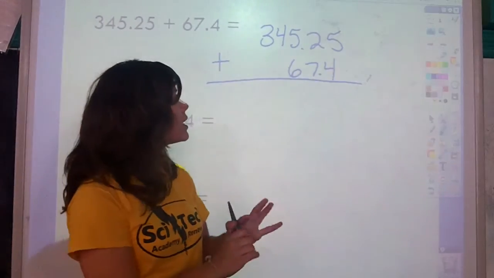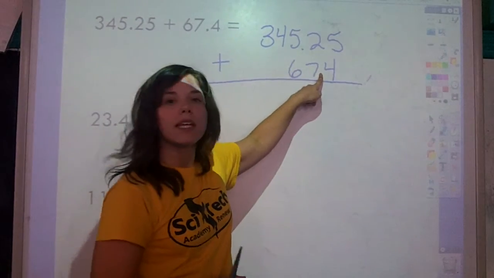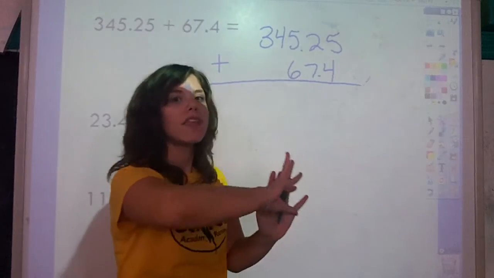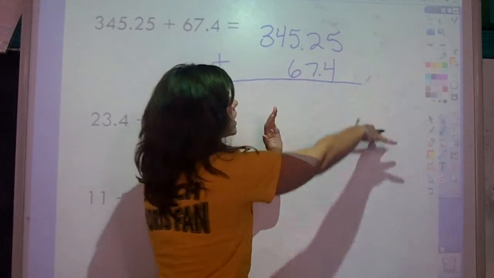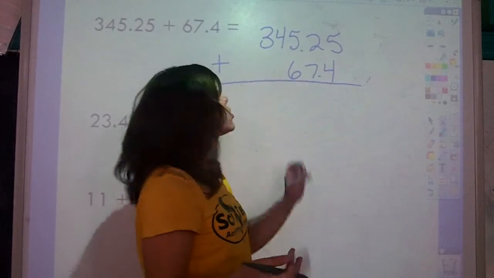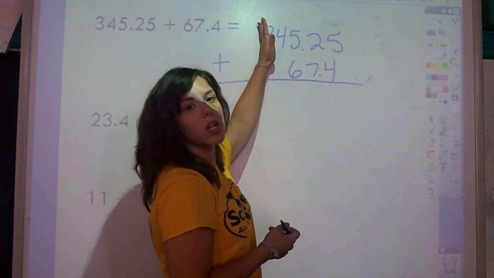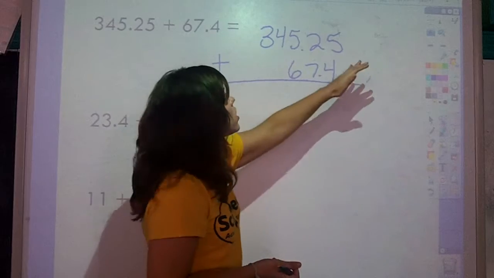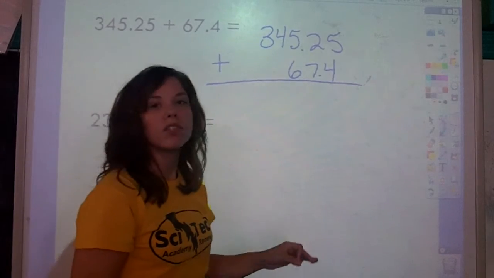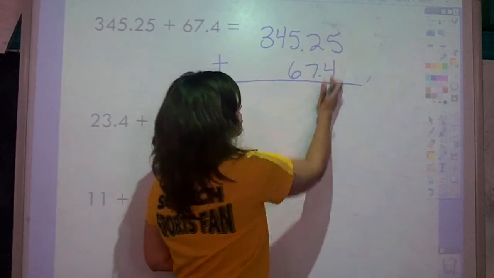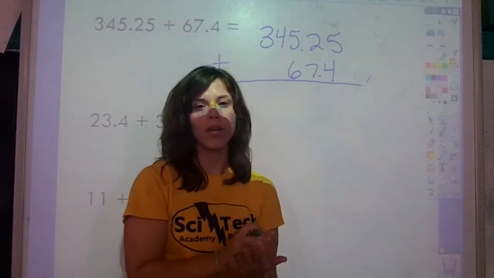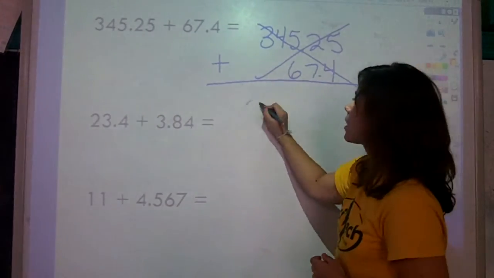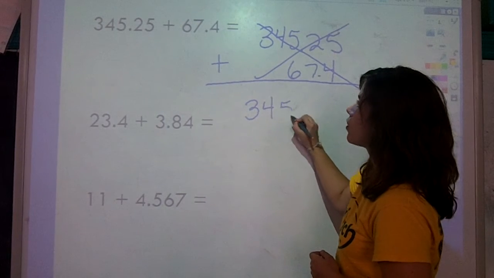The reason why is because the decimal shows you the place where your whole numbers stop, and then to the right of it is where we have parts of numbers. So to the left of my decimal are whole numbers, to the right are parts of numbers. So in these problems, you don't just line your numbers up on the right, you always line up the decimal. This is incorrect. This, however, is the right way to do it.